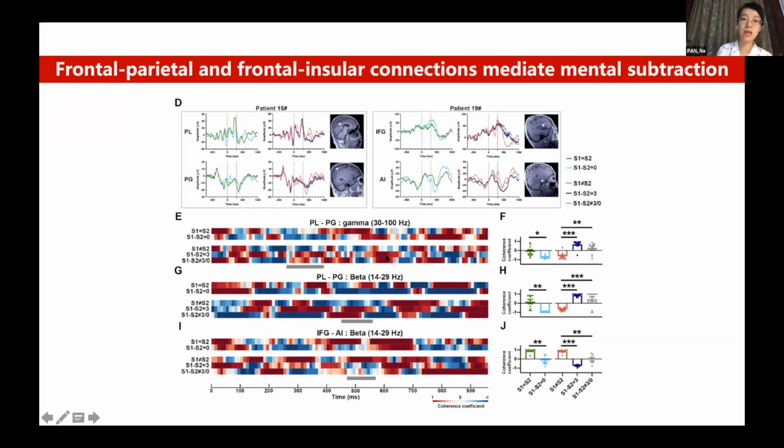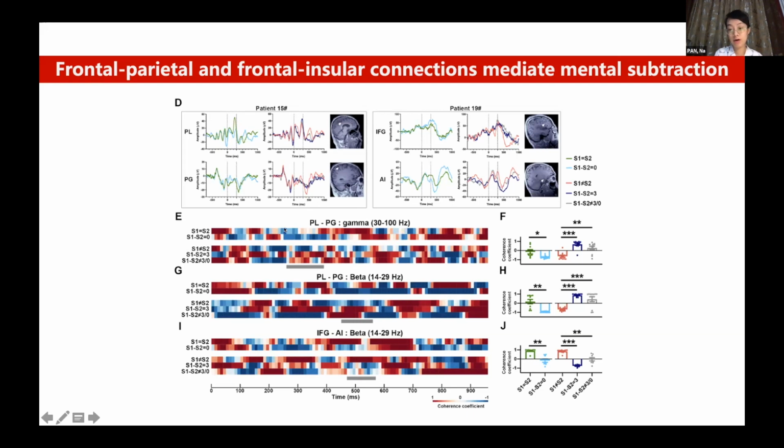In the first subject, during 260 to 390 milliseconds, we can see the gamma coherence between the pericentral lobus and the postcentral gyrus.